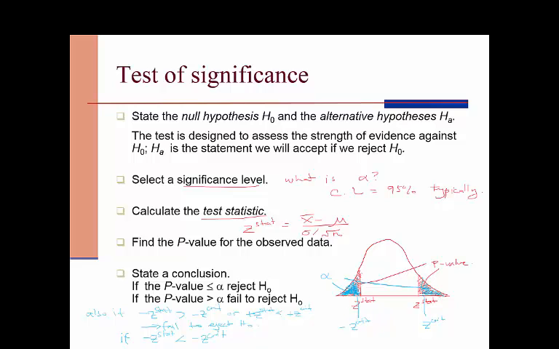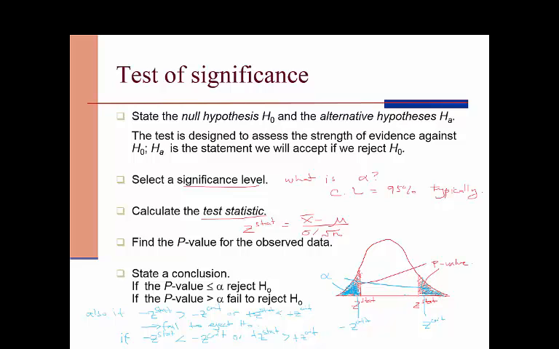So if this blue moved inside, then negative Z stat would be less than negative Z critical, or positive Z stat would be greater than positive Z critical, right?